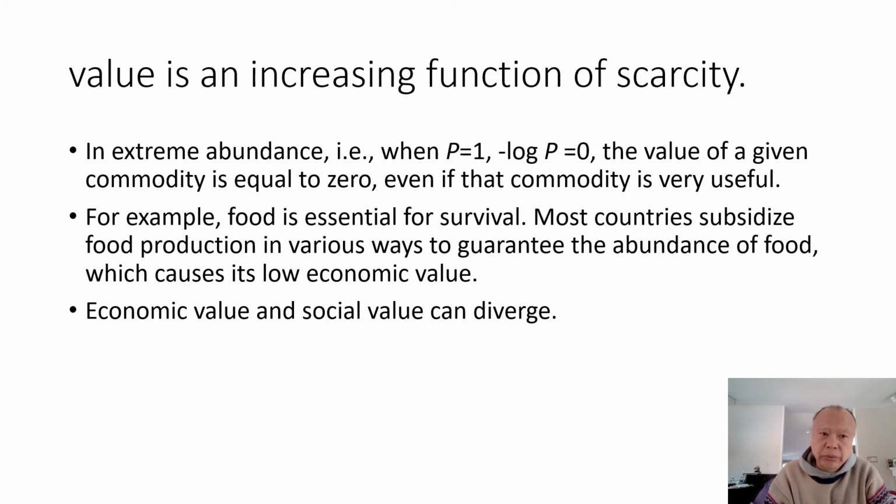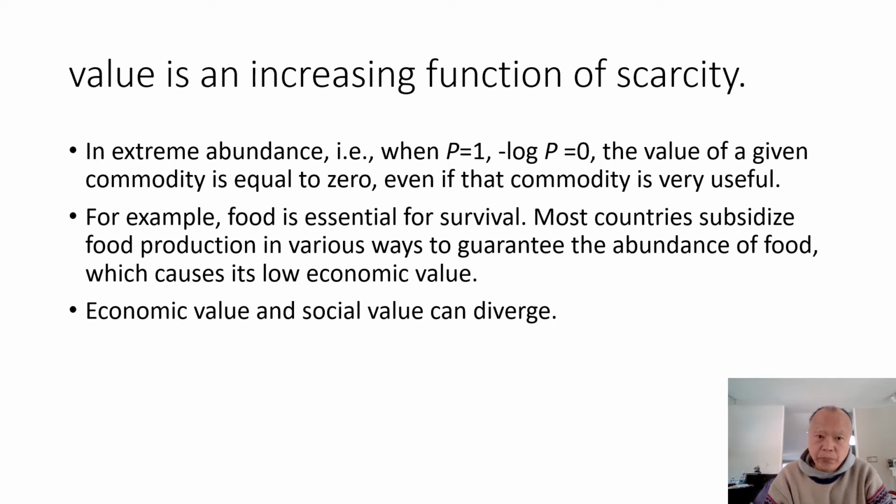In general, value is an increasing function of scarcity. In extreme abundance, when p is equal to 1, negative log p equals 0. This means the value of a given commodity is equal to 0, even if that commodity is very useful.